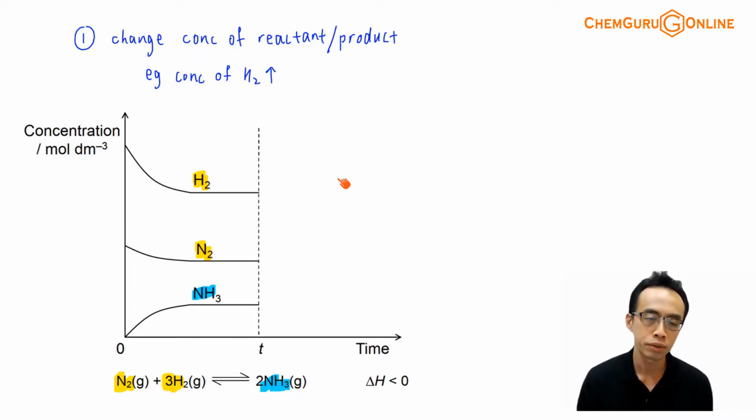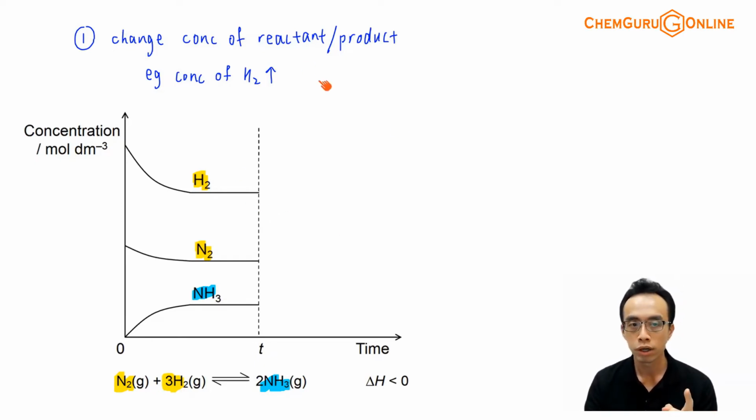So let us have an example to illustrate this. Let's say I am increasing the concentration of your hydrogen. I'm increasing the concentration of your reactant at time t. Now, at the instant, at time t, when you're increasing the concentration of hydrogen, what we would expect is the concentration of your H2 will increase sharply.